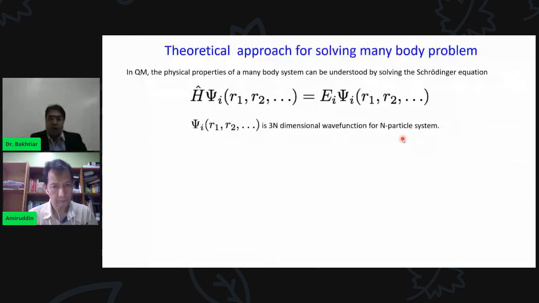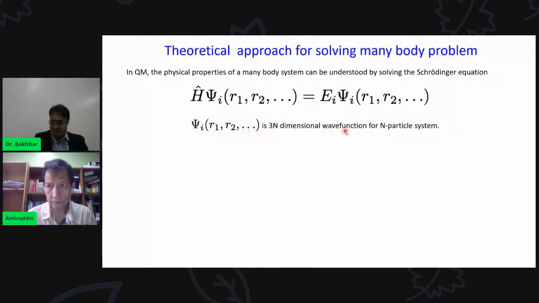In quantum mechanics, to understand the behavior of a material, the Schrödinger equation is used. This is a typical Schrödinger equation, where this is the wave function, which is a 3-dimensional wave function for an n-particle system.